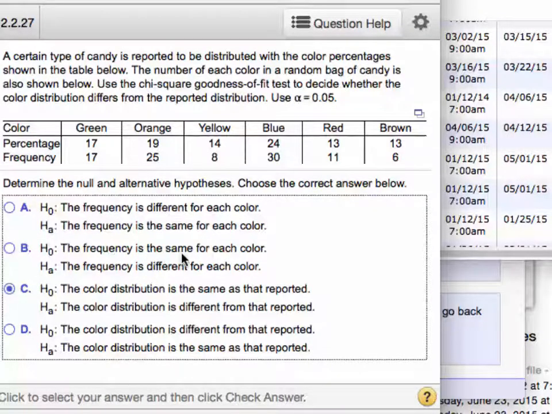So it's not that the frequency is the same for each color. By having more of certain colors and less of certain colors is what they want. So it's not that we want the frequency to be the same, but just that the overall distribution is the same as in our sample.